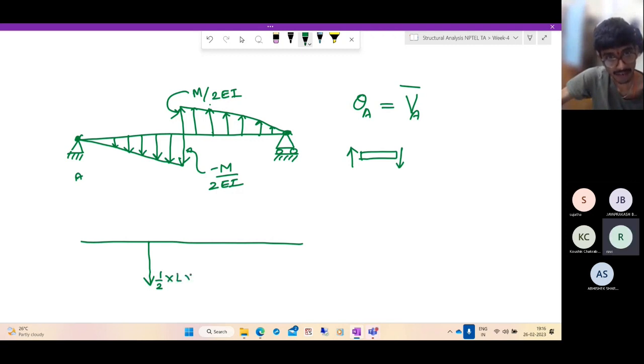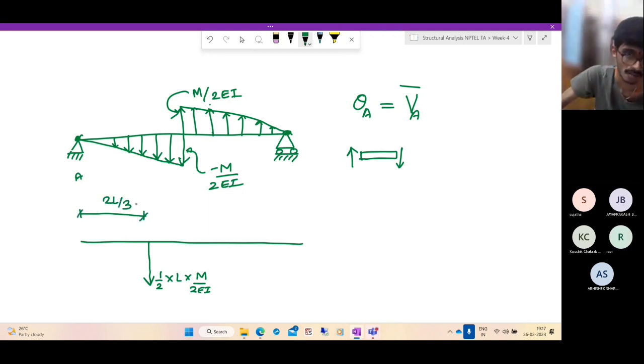base L into height M by 2EI. Since it is minus, I have drawn it downwards. And where does this act? It acts at 2L by 3 from this side. And here what do we have? The same magnitude acting at 2L by 3 from this side.